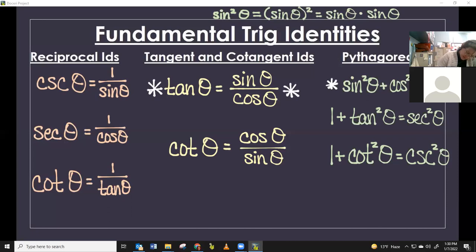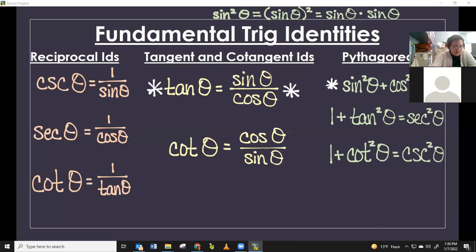Those 8 identities right there are the fundamental trig identities. You need to commit those 8 to memory. And the faster and sooner you do that, the easier the rest of the semester is going to be.